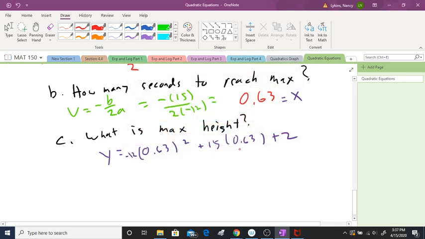I'm going to give you all a few seconds to plug this in your calculator. What I come out to get is roughly 6.7.